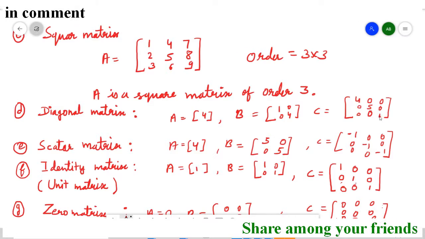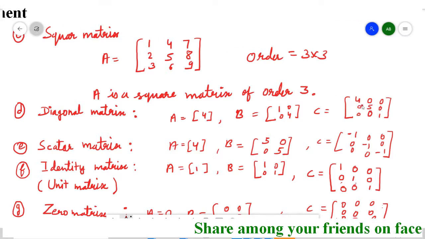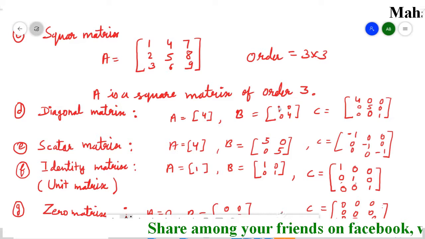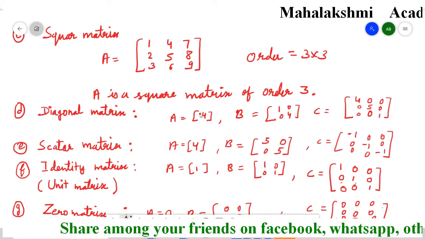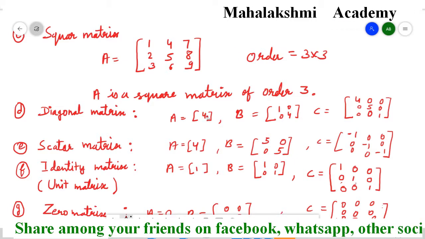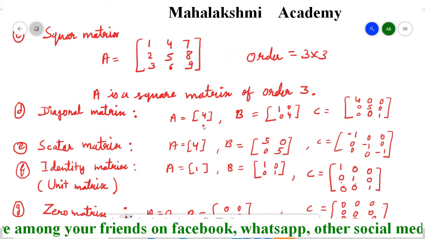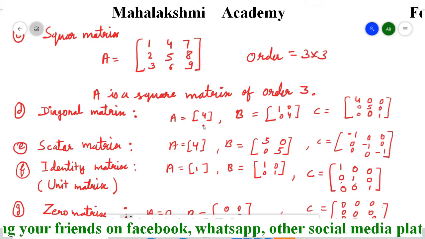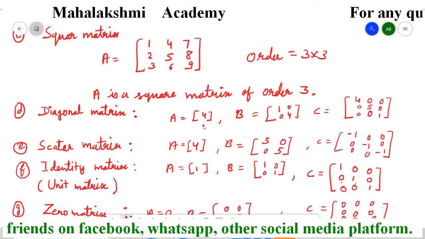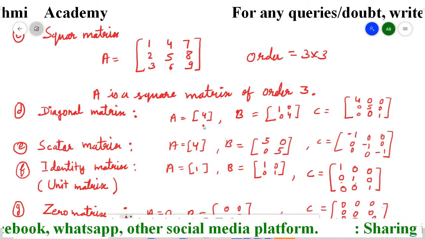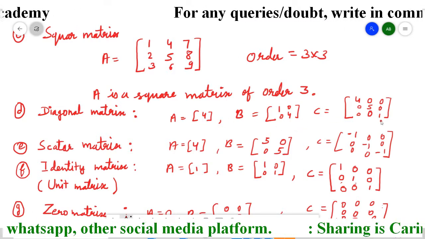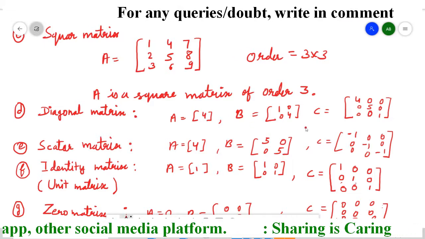Here also, principal diagonal has the numbers, other numbers are 0. Here also only one diagonal, so it's also a diagonal matrix. So a matrix is named a diagonal matrix if its diagonal has non-zero numbers, but other numbers are 0.